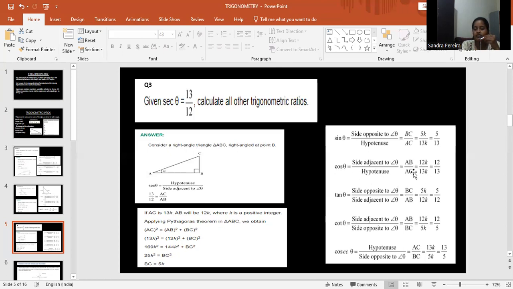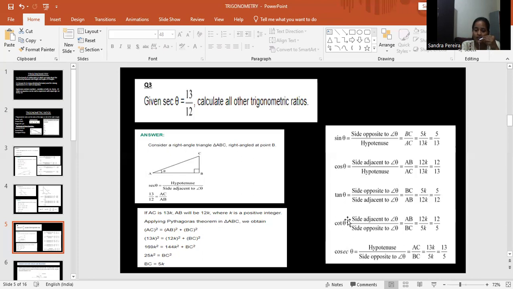We put the value and got 12 by 13. Tan of angle theta is P by B, where P is the perpendicular BC and B is AB. So BC by AB, we put the value and got 5 by 12.